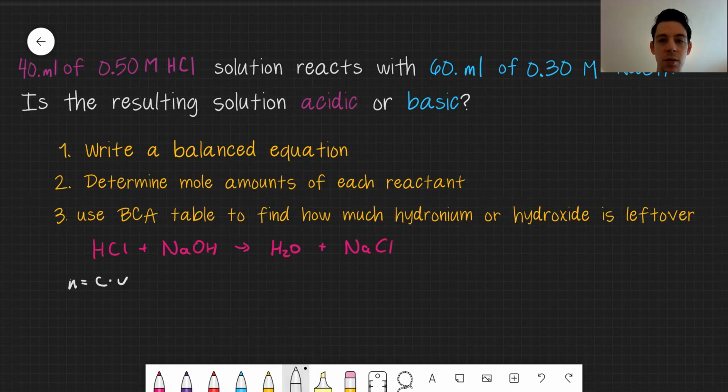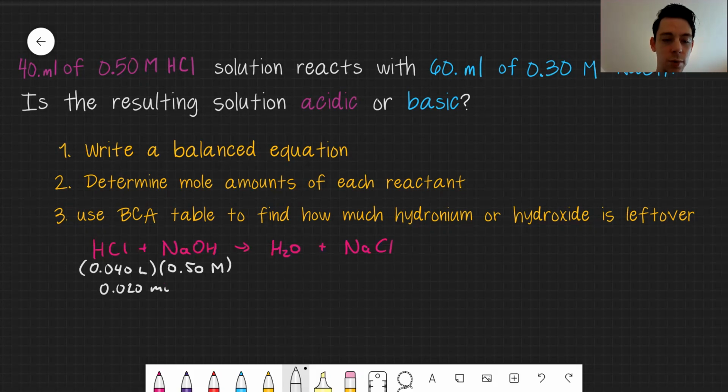In this case, the acid is 40 milliliters. I'm going to convert that to liters, times 0.5 moles per liter, or molar. This comes out to be 0.020 moles of HCl.